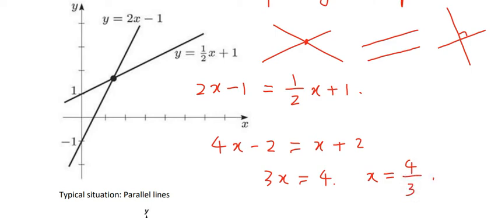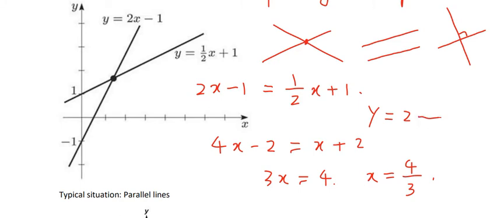Then when x equals 4 over 3, what's the y value? We just plug it in here. Y equals 2x minus 1, or just half x plus 1. Either way is okay.